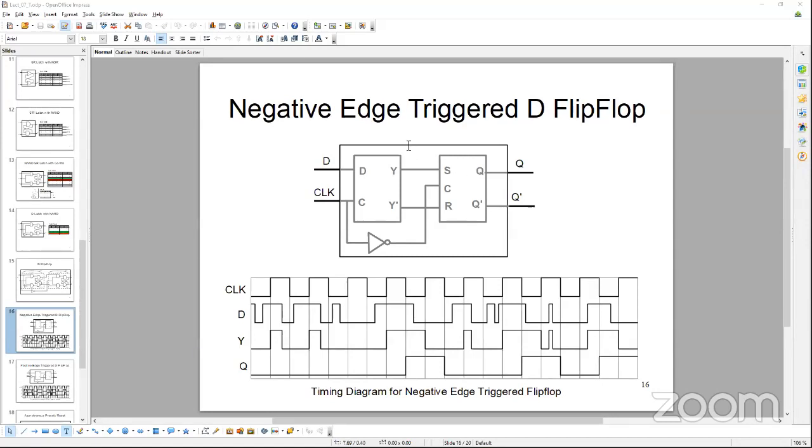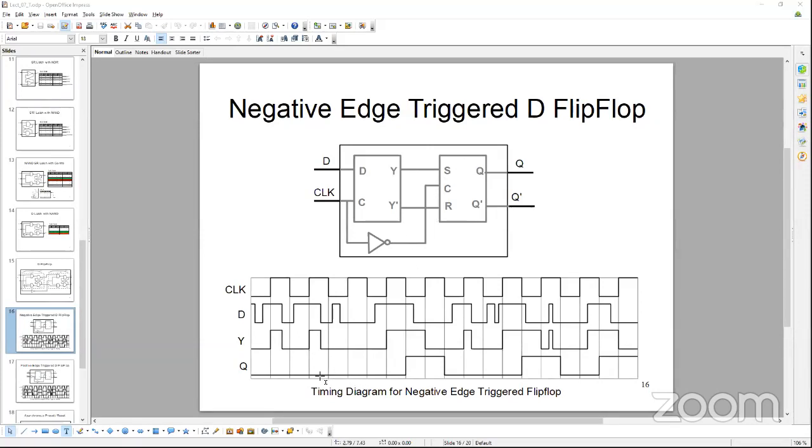So if you follow Q, it is following Y exactly during the low logic of the clock. In this low logic, Y was 0, so Q followed that. In this low logic, Y was 0, Q followed that. It is not following Y during the high logic because an inverted clock is connected to it.